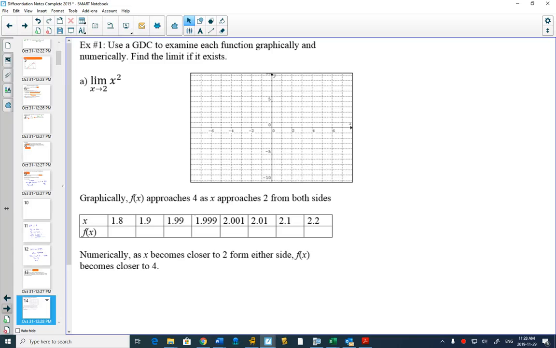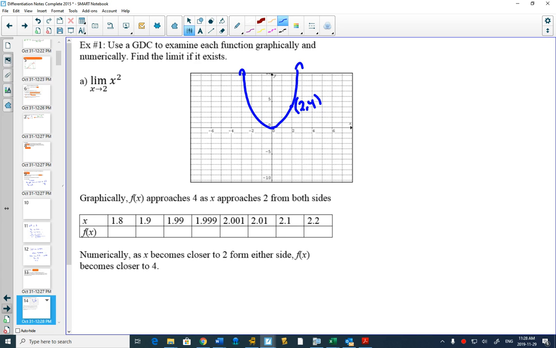Sometimes the limit is so easy you just plug in the number. For example, the limit as x goes to 2 of x squared. So if we graph x squared, there it is, would you agree that you have the point (2, 4) on x squared?